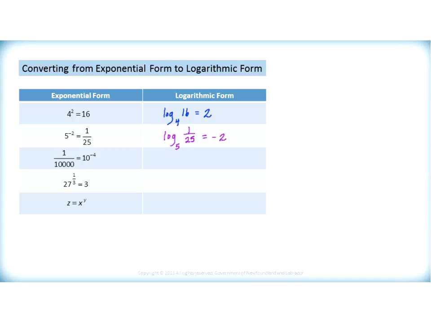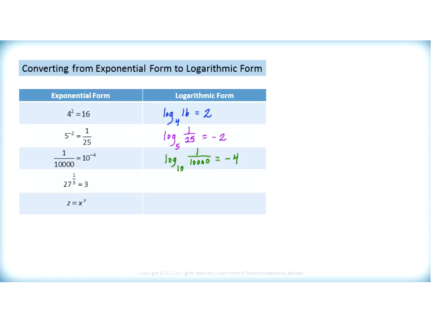In the third example, we would write it as the log of 1 over 10,000 to base 10 is equal to negative 4.